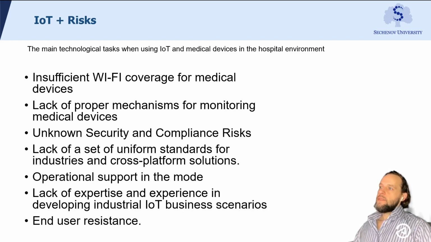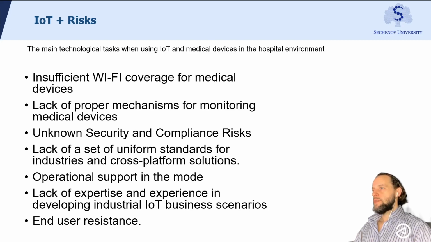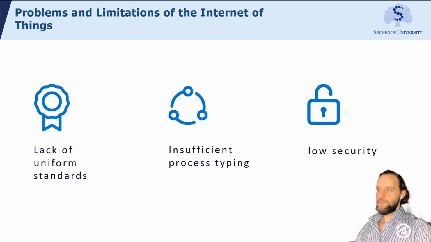In many cases, we need additional experience in this area, for doctors and for patients, to use these devices efficiently. And of course, not all users want to wear some device sending information to the network about their well-being, and this resistance will always be in place, and we need to think how to manage this situation.